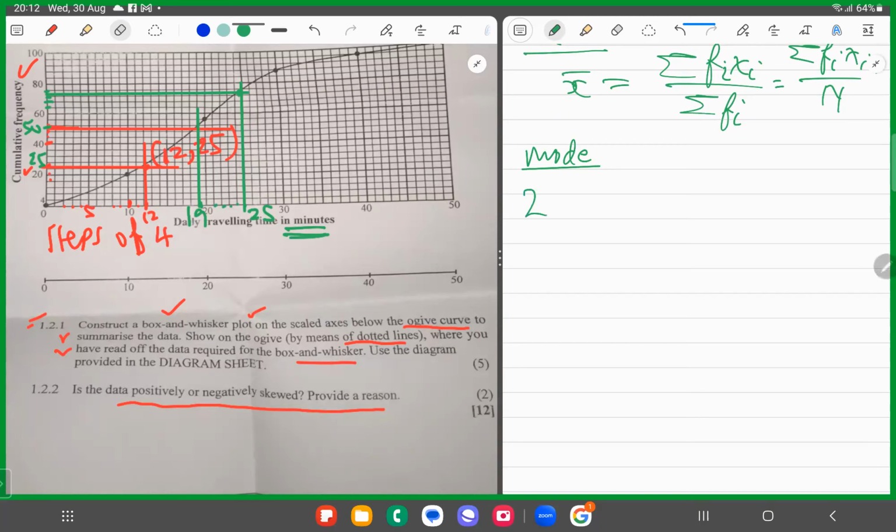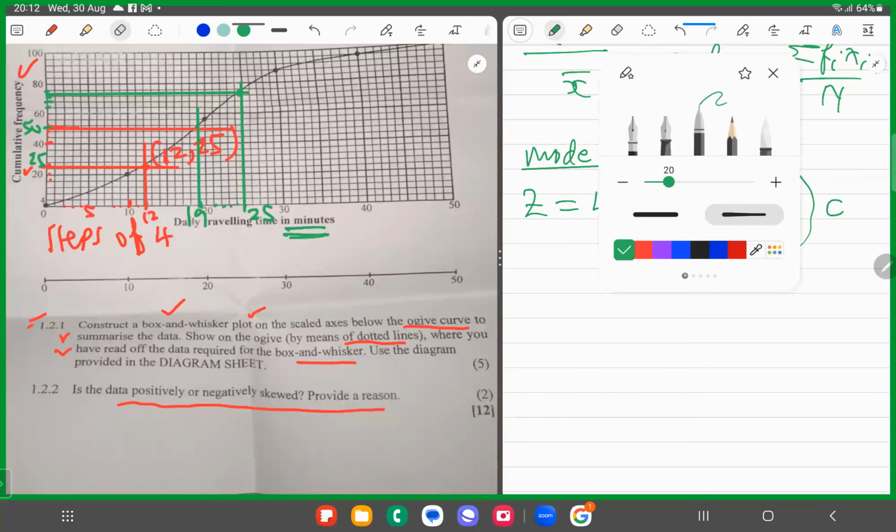Normally the mode can be called Z, which is L plus F1 minus F0, divided by 2 times F1 minus F0 minus F2. You multiply by our usual C for the length of the mode class.